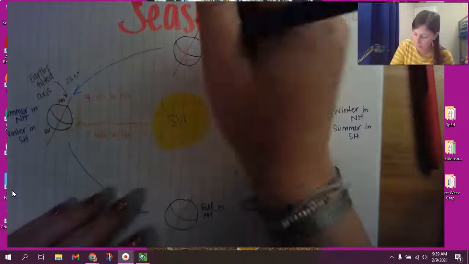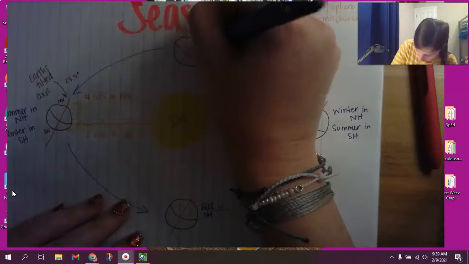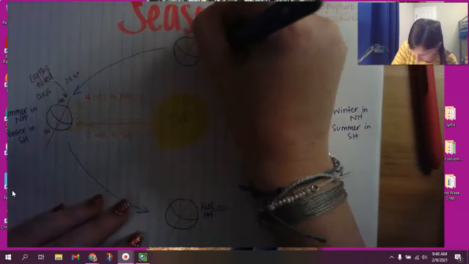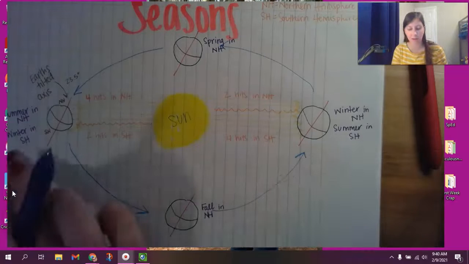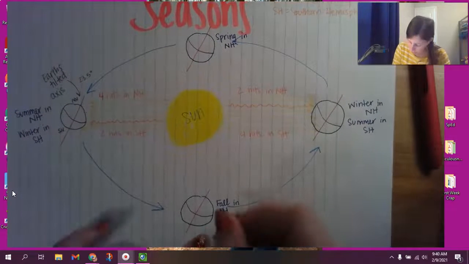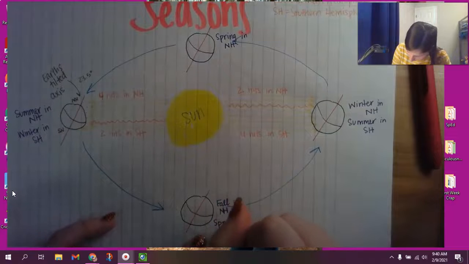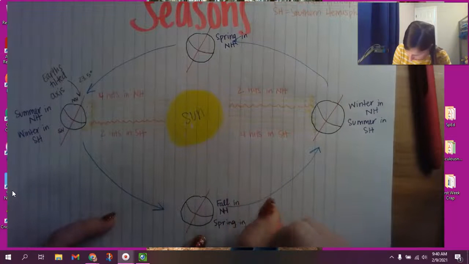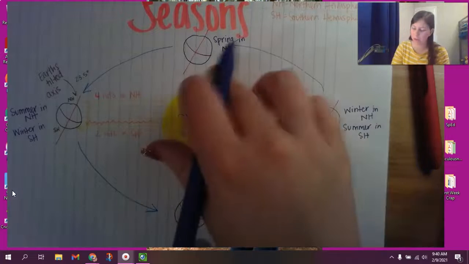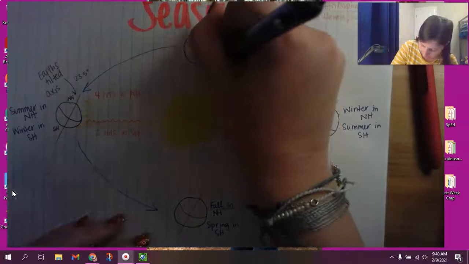After winter, we have spring in the northern hemisphere. Now let's look at our southern hemisphere. We have winter. After winter, we have spring. After spring, we have summer. And then after summer, we have fall.